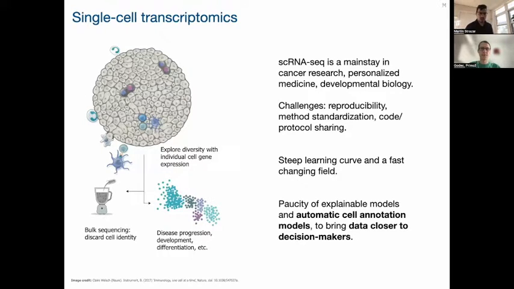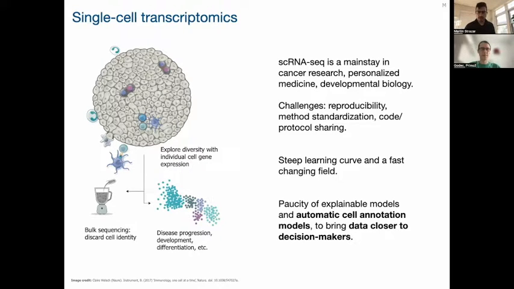Differing from more classical bulk sequencing, where we mix a large number of cells from a tissue and obtain an average transcriptomic profile, in this case, we are able to track gene expression profiles for single cells, which is critically important for disease progression, especially in complications like cancer, where a mutation in a single cell can disrupt the tissue and lead to unfavorable clinical outcomes.